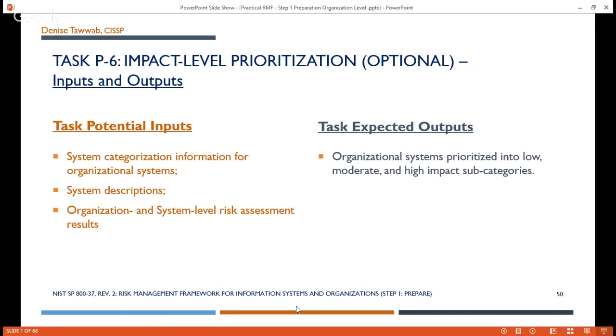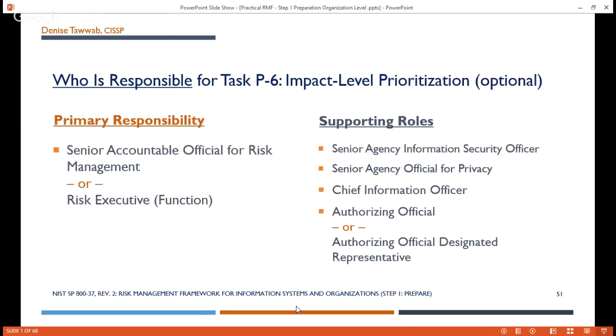The expected output from this particular task is your organization systems prioritized into low, moderate, and high impact subcategories. The primary responsibility for this task belongs to the risk executive function. Of course, you'll get help from the chief information security officer, the chief privacy officer, the chief information officer, and your authorizing official.